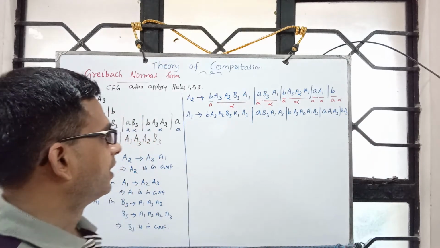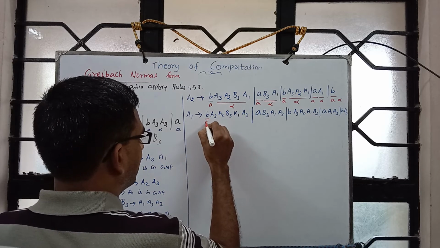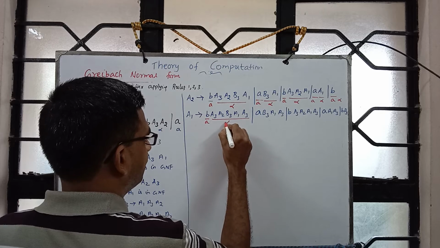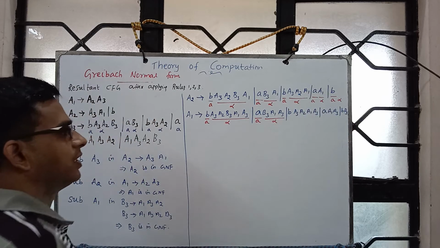Fine. Now you see that A1 is in GNF: A followed by a string of non-terminals, A followed by a string of non-terminals, and so on.